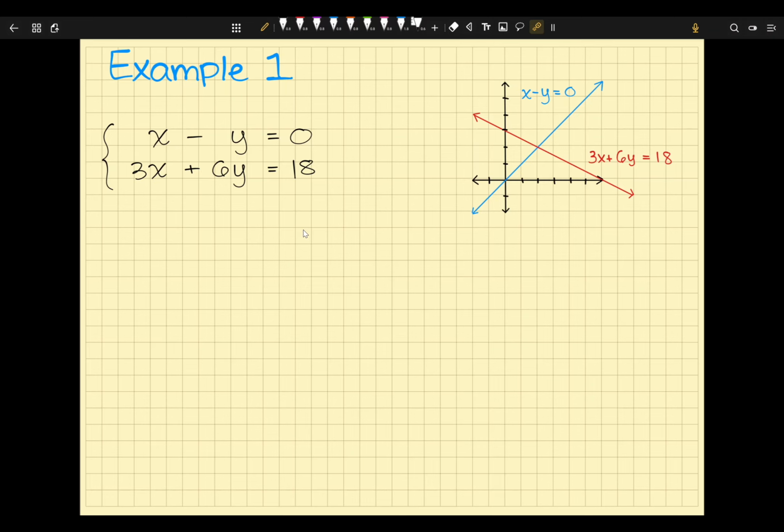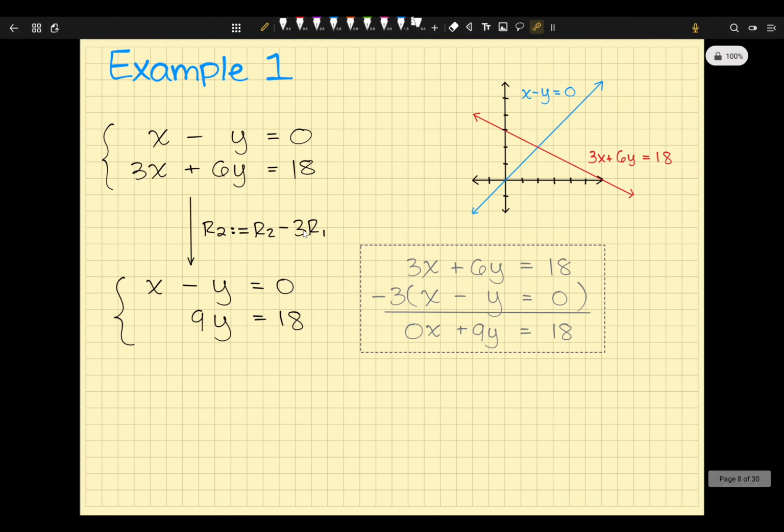All right. So the first thing we'll do is we take this first row and we subtract a multiple of this first row from the second row. So that's what this is indicating here, that we redefine the second row to be the second row minus 3 times the first row.